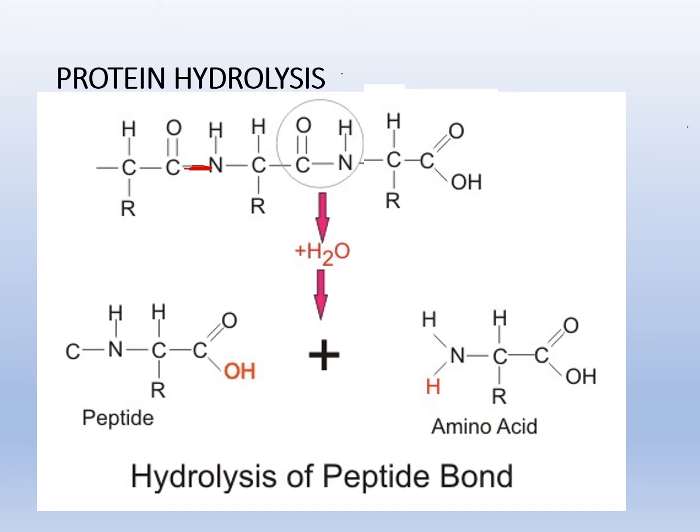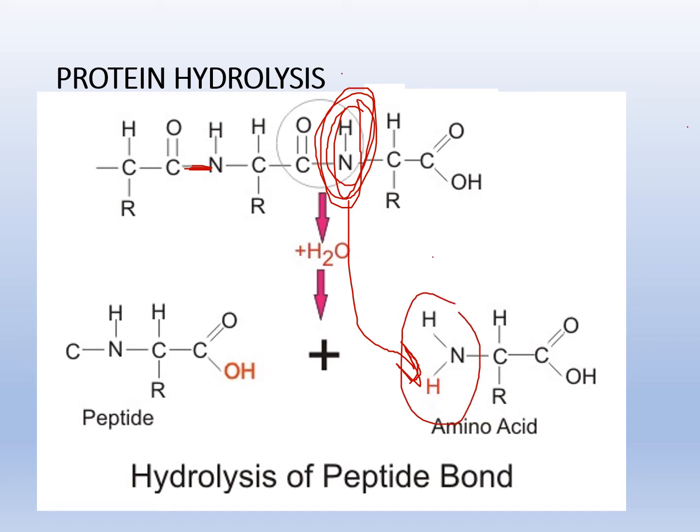Now, in protein hydrolysis, notice that the amino group here, previously in this specific peptide, has now gained one hydrogen atom. From NH, it has become NH2.